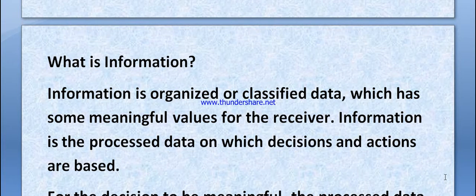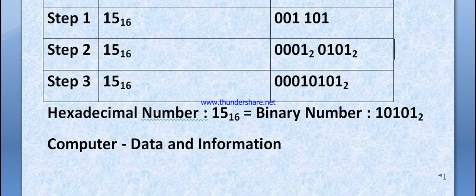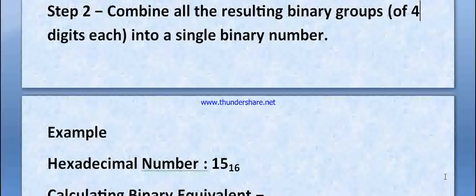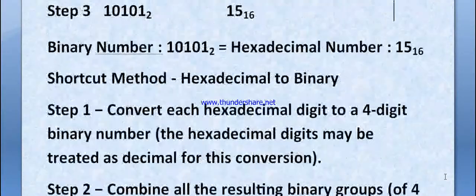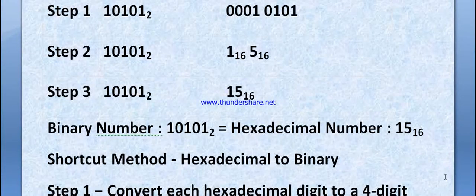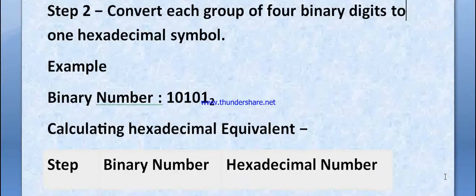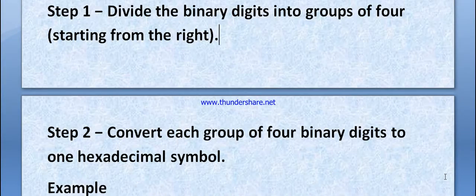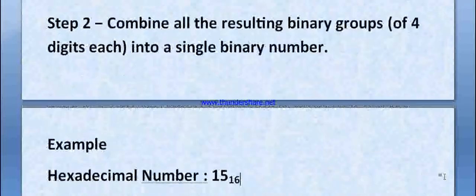Information is organized or classified data which has some meaningful values for the receiver. Information is the processed data on which decision and action are based.